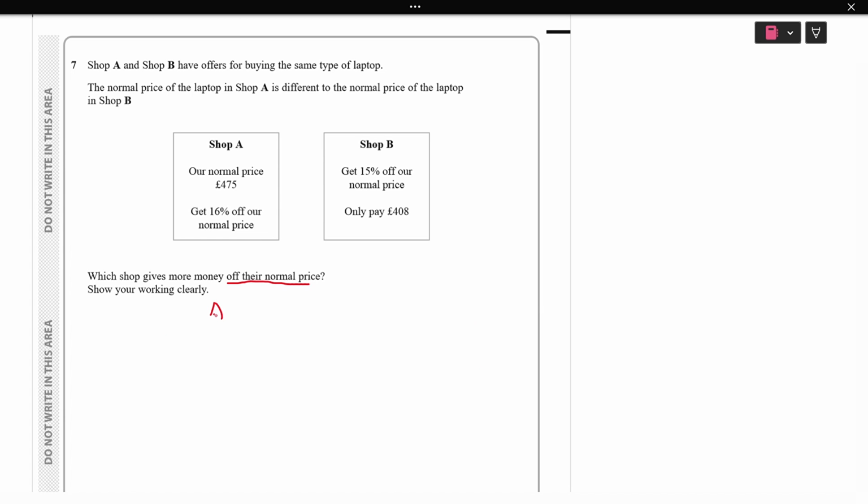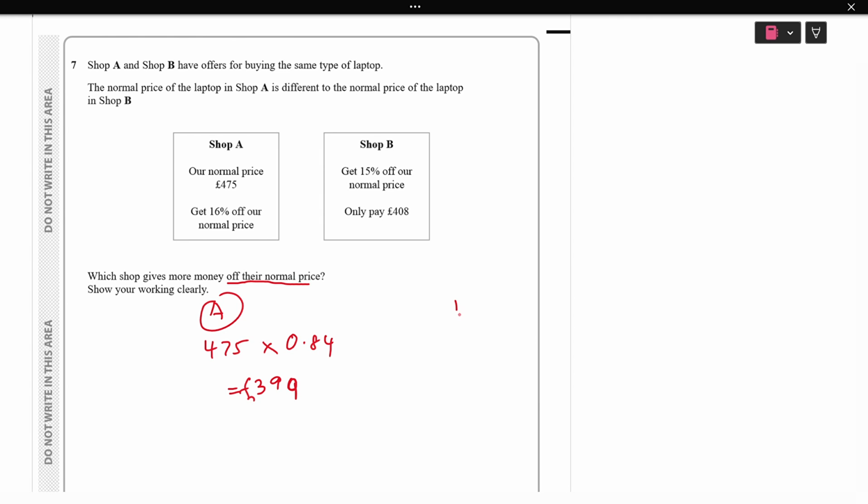So Shop A is going to be 475 times 84 by 100, so we write 0.84, which equals 399. Okay, this is Shop A.